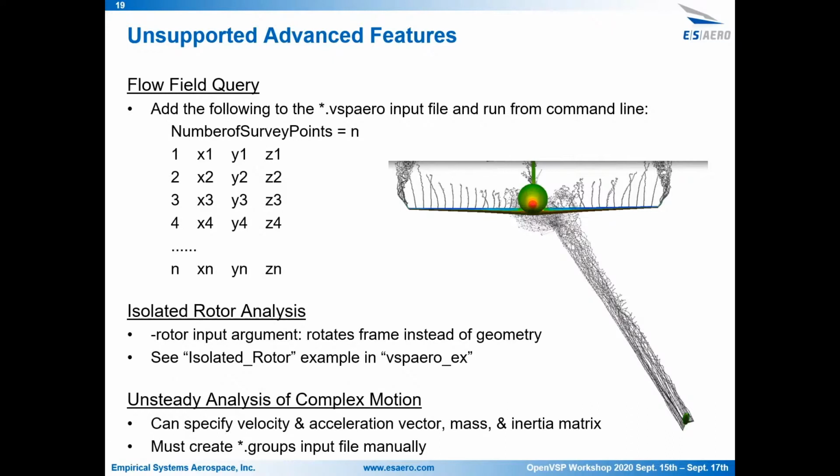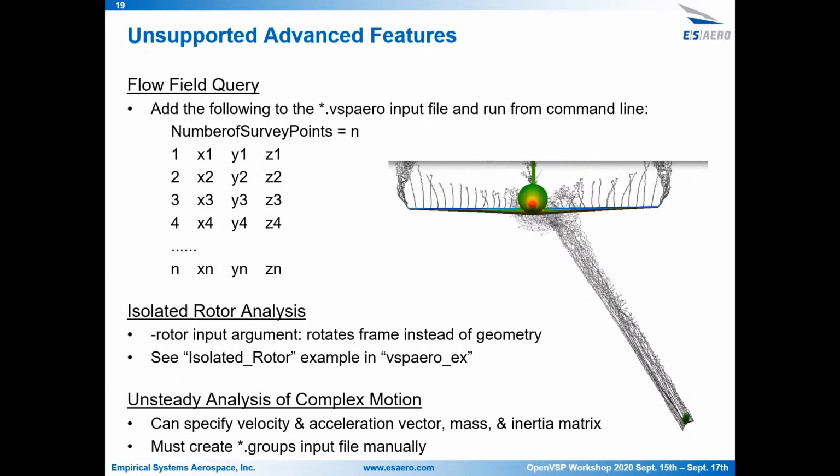That requires a modification of the VSPAERO input file. Also, you can do isolated rotor analysis, and there's an example of that in the VSPAERO_EX example directory. Take a look at the isolated rotor example. What that does is rotate the entire frame about a single rotor instead of rotating the propeller itself.